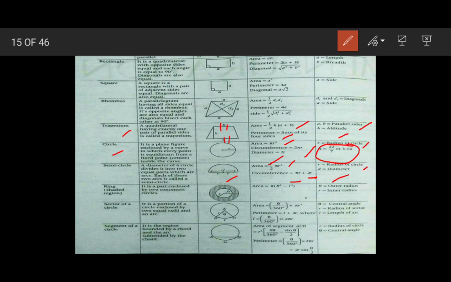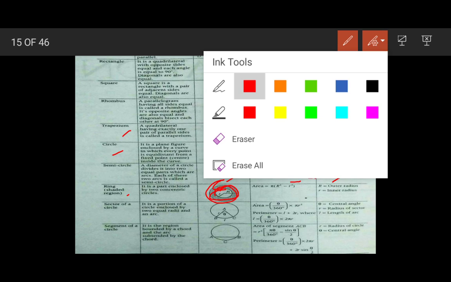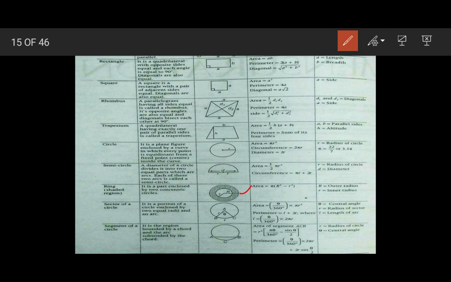Okay, semicircle. Then ring. It is a part enclosed by two concentric circles, as you can see in this figure.